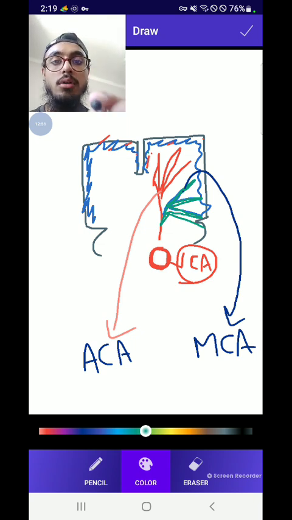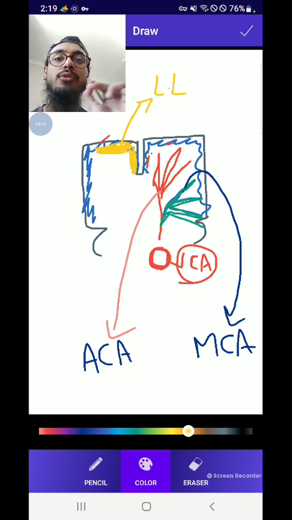Before this, we know the area which controls the specific part of your body. All of this area I have to draw in. All of this area of the primary somatosensory cortex controls the lower limb of your body.